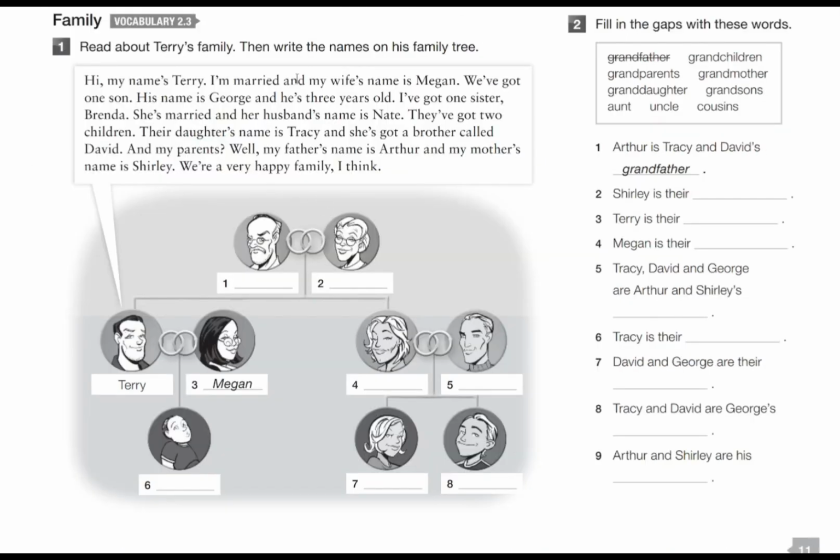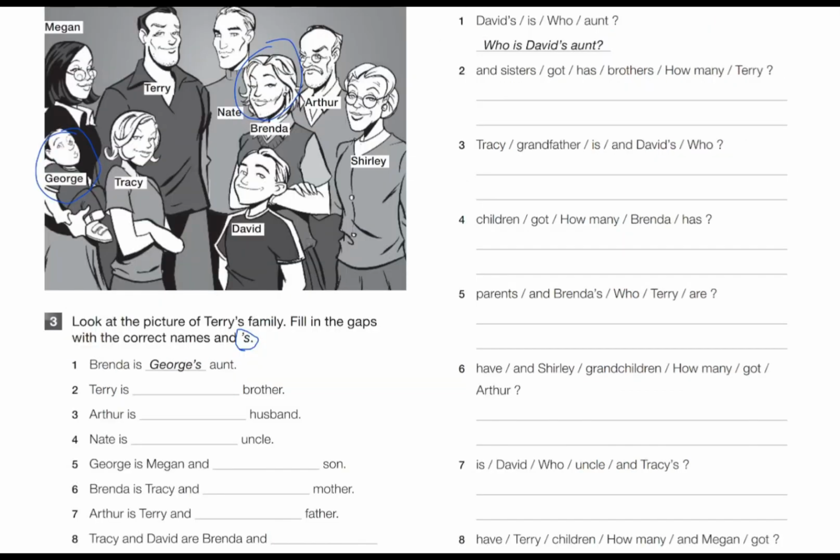As you can see from this information on page 11, Terry has got a sister called... Look, I've got one sister, Brenda. So Terry is Brenda's brother, right? Terry is saying that he's got one sister, Brenda. So Terry is Brenda's brother. So we're going to have Brenda and apostrophe S.